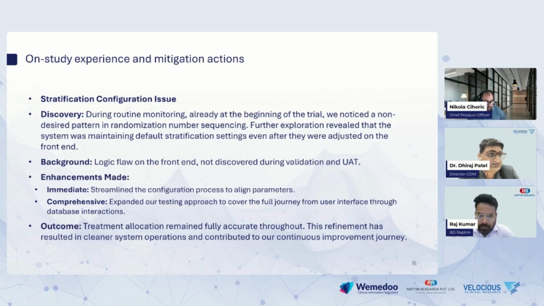That was not checked during the UAT, but later on we found this non-desirable pattern, identified it, set the appropriate logic, and improved the journey of the randomization process for the remaining patients.